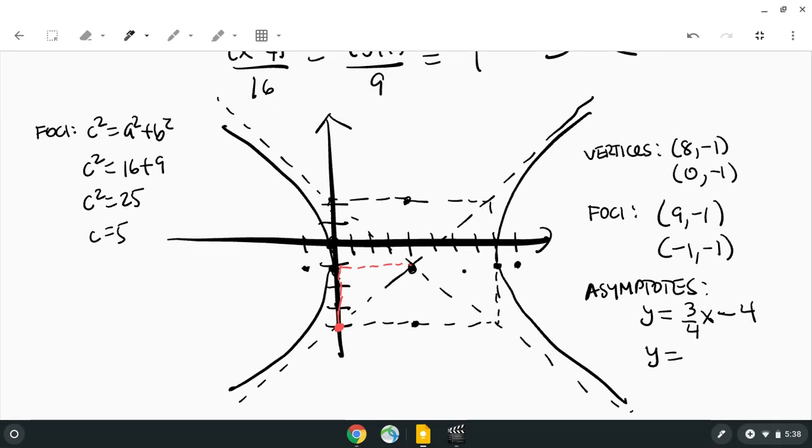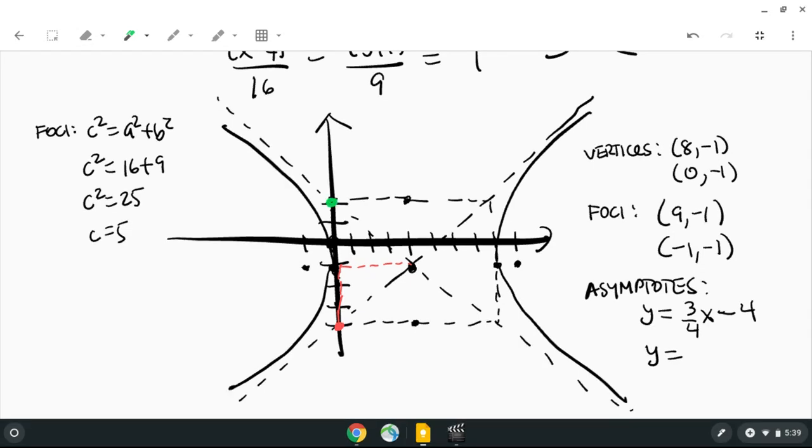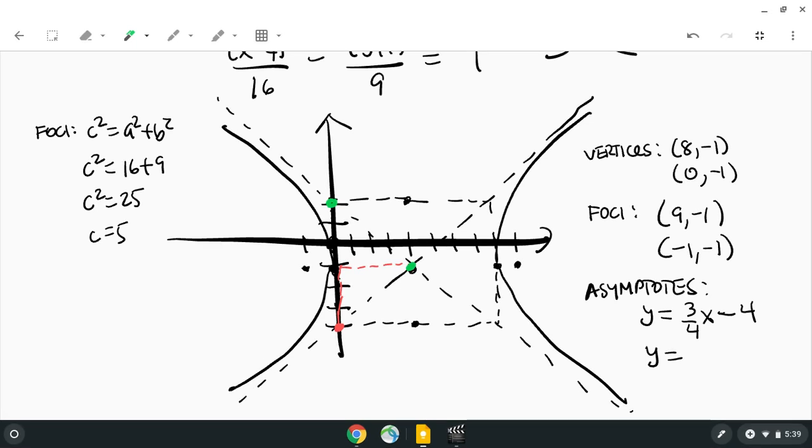Okay, let's do the other one, the negative. I'll use green. So I'll use this point and this one over here. Here I see that my y-intercept is 2, so we know it's going to be y equals mx plus 2.